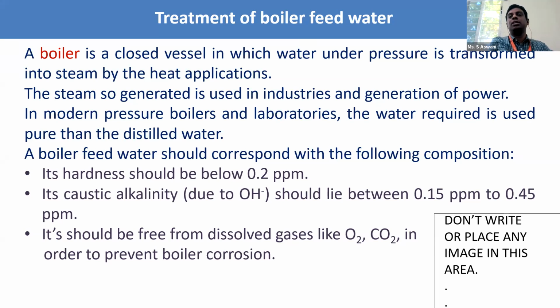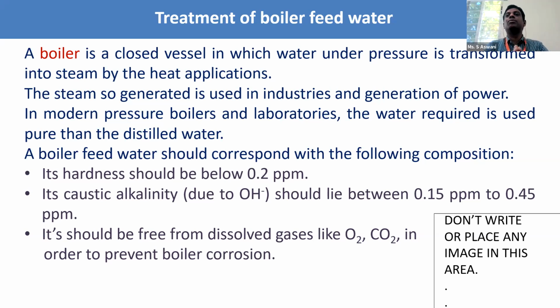What are the steps involved in the treatment of water? What I am going to discuss, especially for boiler feed water in industrial purposes, is that we are considering this type of water softening technique. Not for domestic purposes. In industrial purposes also, we have to use some techniques for softening of water because water has hardness.